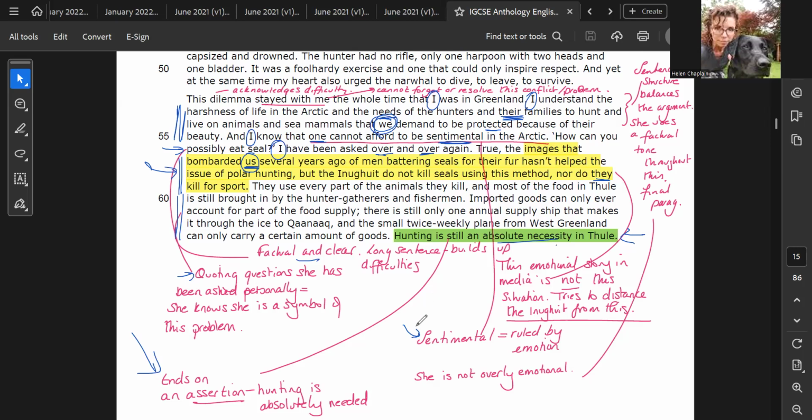So this is a dilemma that can't ever be reconciled. It has to be lived with.